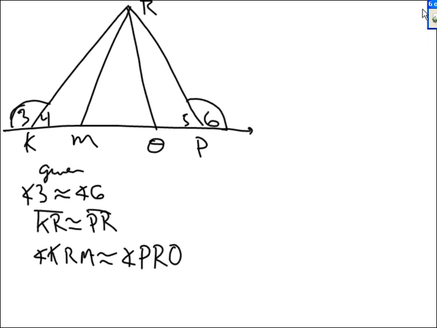And KR and PR are equal to one another. But we didn't really need to be given that. But I gave it to you anyways. And angle KRM, this angle here, and PRO, this angle here, they're equal. They get 2 slashes.